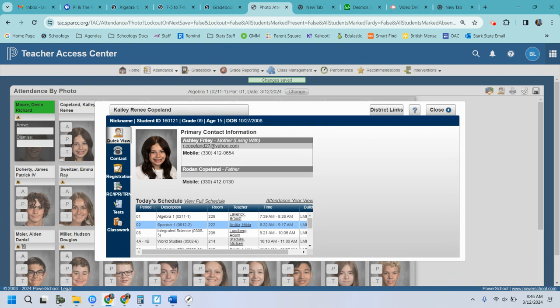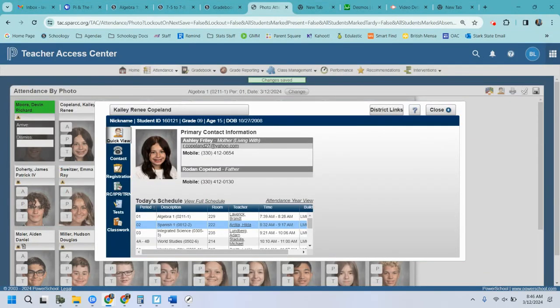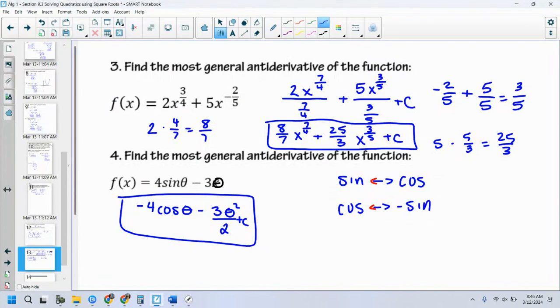Would you take it to Miss Ardilla's room? What room is it? That's a great question. 222. Ooh, that's an easy one. I'll write it down. Thanks.